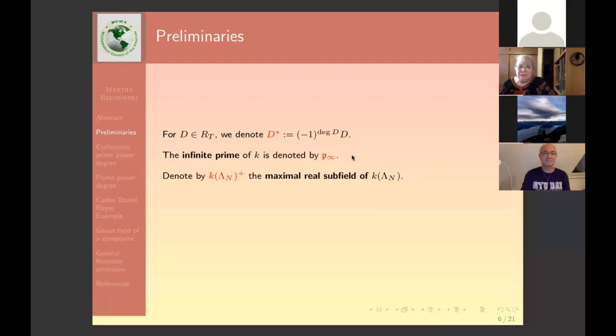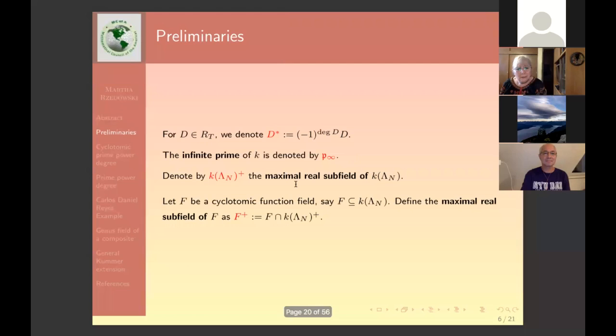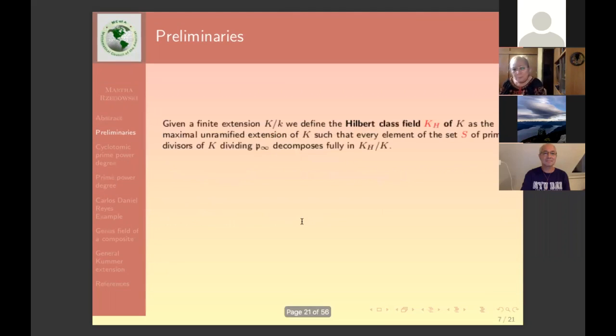So there are similarities and differences. So this is a difference. And we denote by K(Λn)+ the maximal real subfield of K(Λn). And for a field F that is contained in K(Λn), F+ is the intersection of these two.